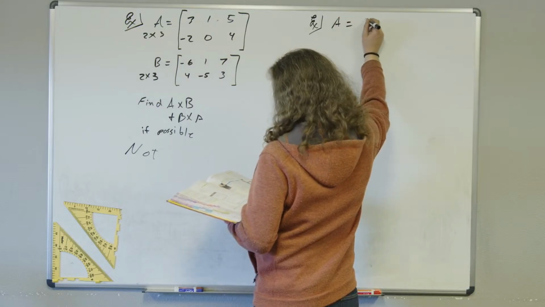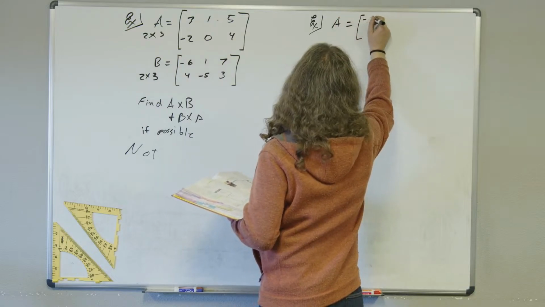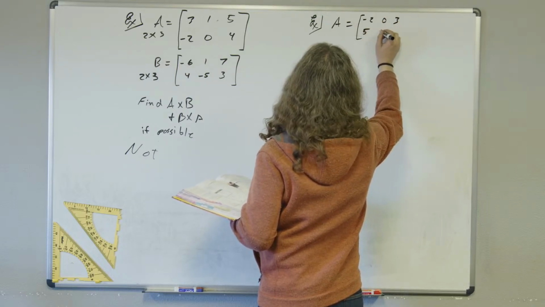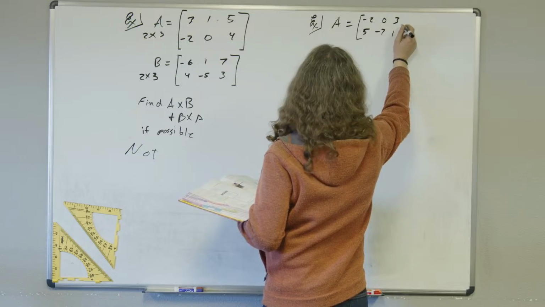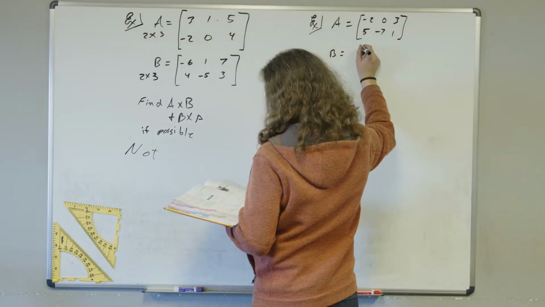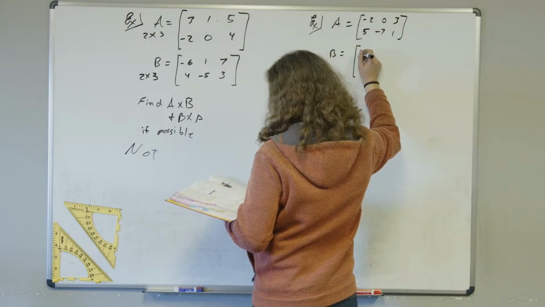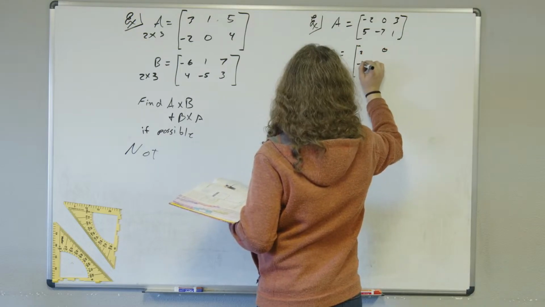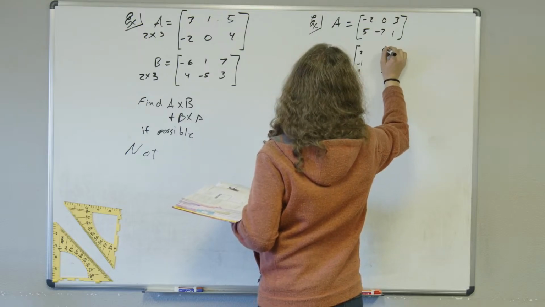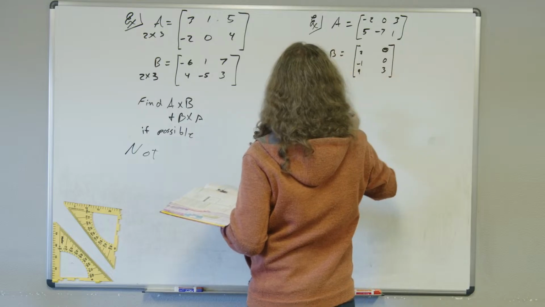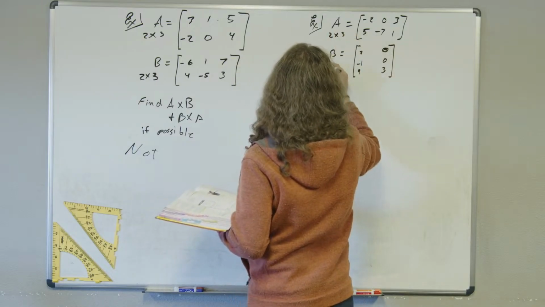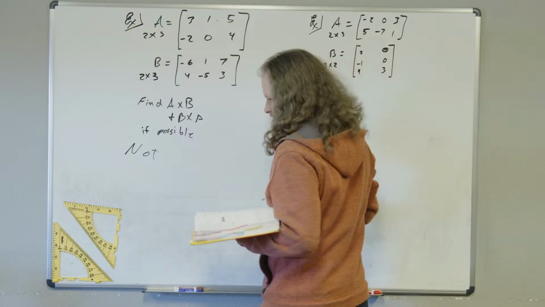A is negative 2, 0, 3, 5, negative 7, 1. And B is 2, 0, negative 1, 0, 9, 3. So A is a 2 by 3 matrix, and B is a 3 by 2 matrix.